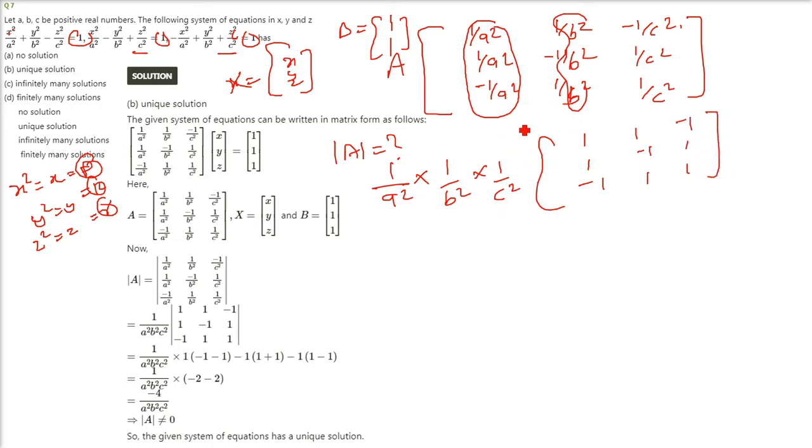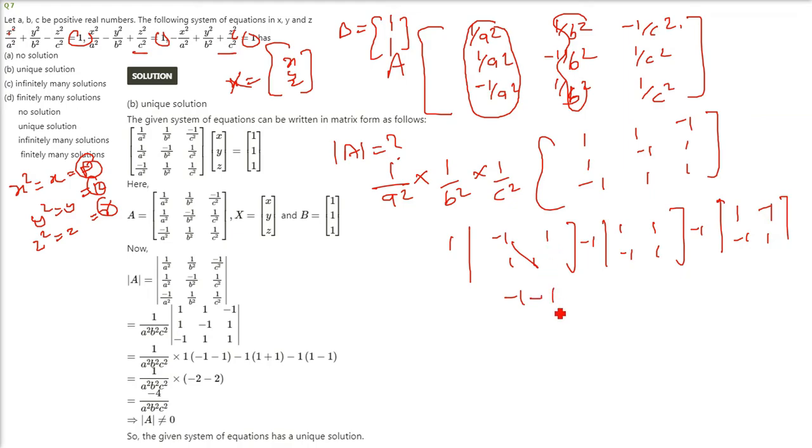So let us solve this. I am opening it using the first row. The first will give you negative 2, the second will give you negative 2, and the third one will give you 0. So when we add this, it will be negative 4 eventually.